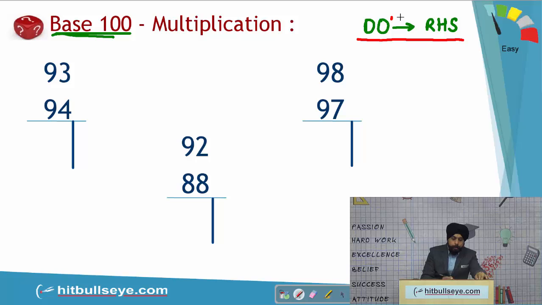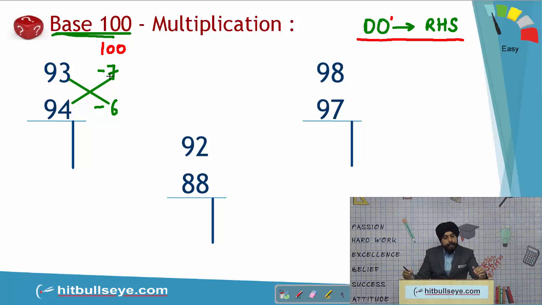Now what we do is, if the base is 100, what is the difference of the number 93 with the base? You can call it is -7, and 94 is -6. After that, students, just take the difference or evaluate the operation the way these cross multiplication signs are indicating. That is, either subtract 6 from 93 or subtract 7 from 94.